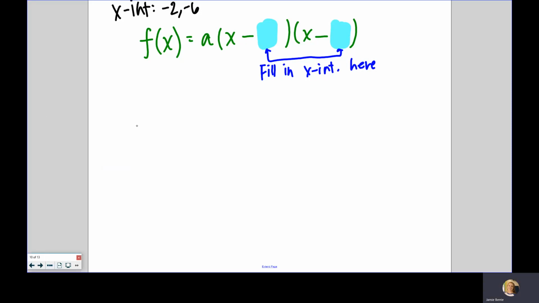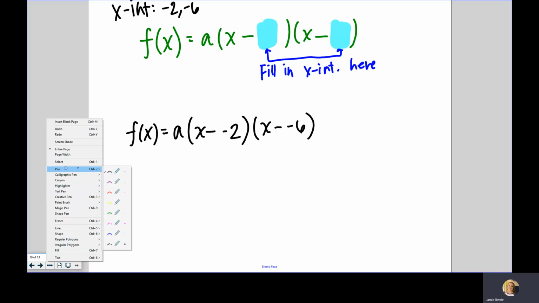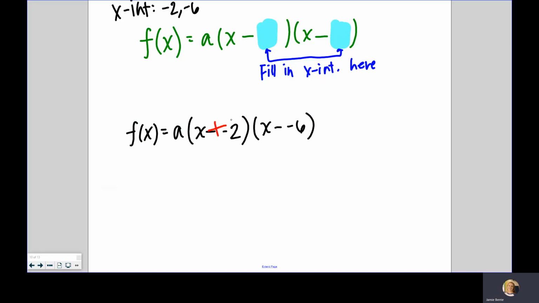All right, so let's see. We have f of x equals a, we don't know, times x minus, filling in the first blank with one of my x-intercepts, we'll use -2. You could put -6 first, it does not matter. And then my second one, we have x minus, fill in the second blank with -6. Go ahead and switch your double negatives to positives where you can. In this case, it's in both of them.